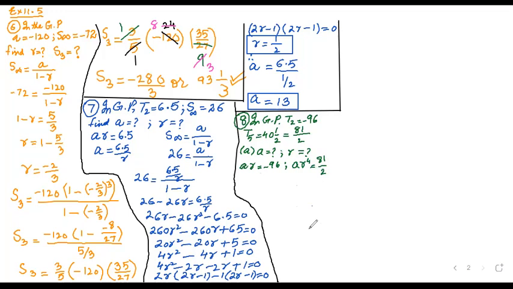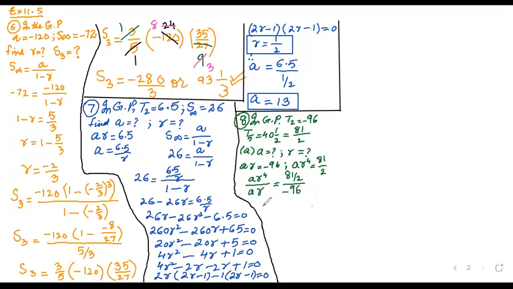So now dividing this equation by this equation, we get AR power 4 upon AR, the left hand side divided by left hand side, is equal to 81 upon 2, the right hand side divided by right hand side.